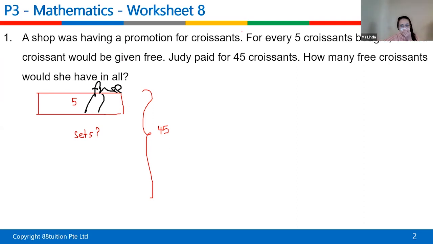Your timetable. How do you get 9? 9 times 5. Very good. 45 divided by 5, you get 9. So every set you get 1 free. So take 45 divided by 5, and your answer is actually 9.